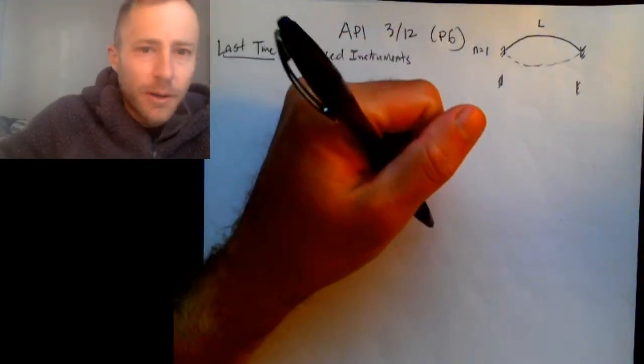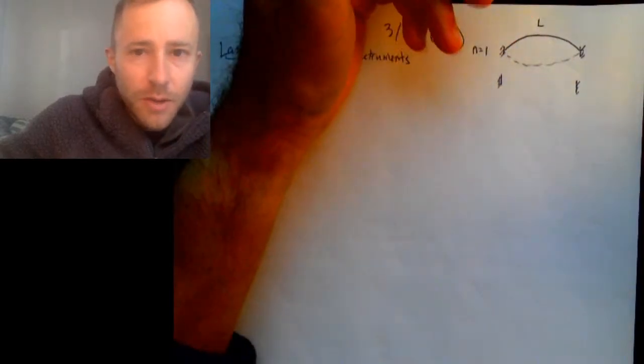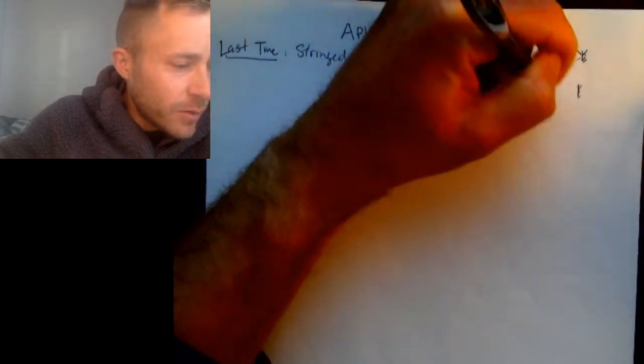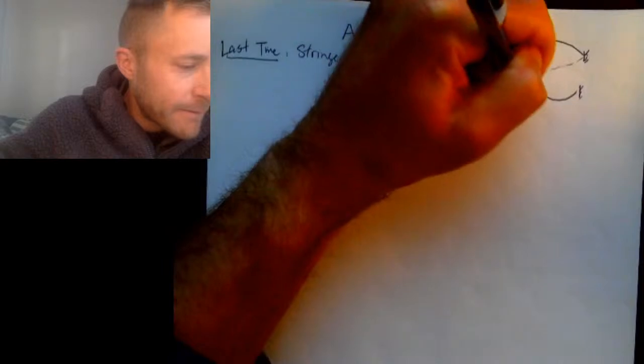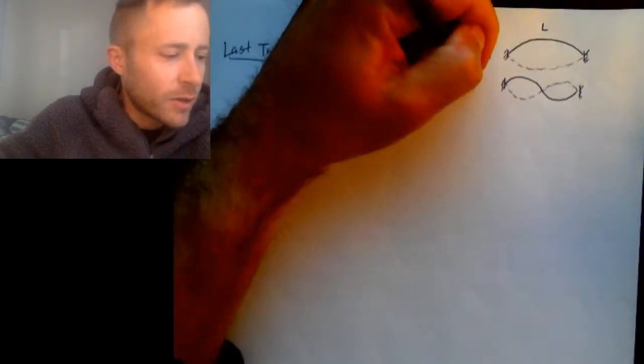To go to the next harmonic, you add a football. So now I have two footballs. That is the second harmonic.